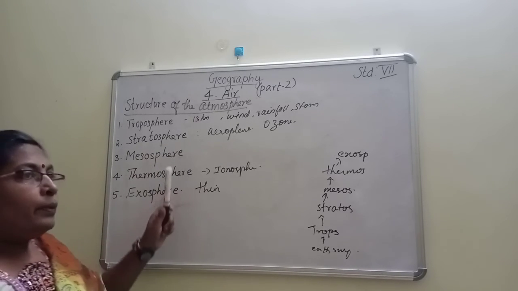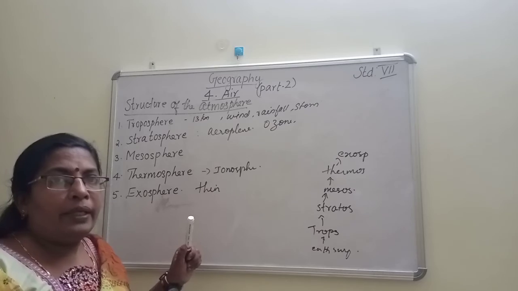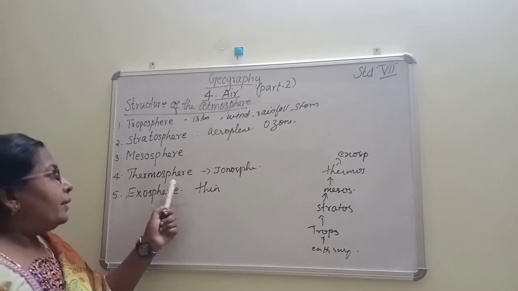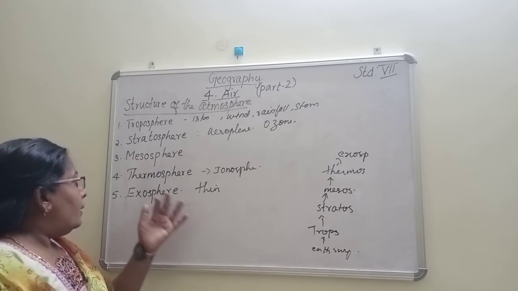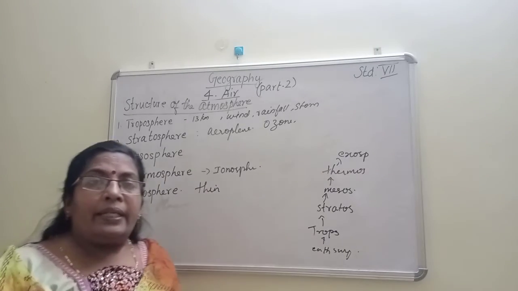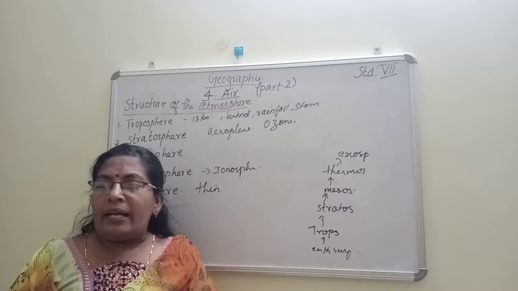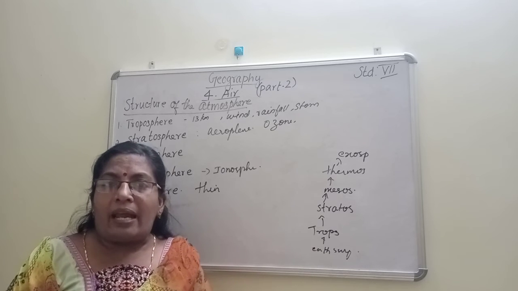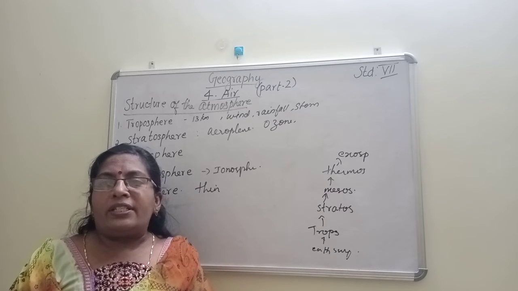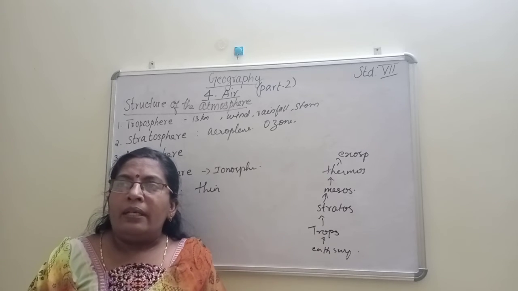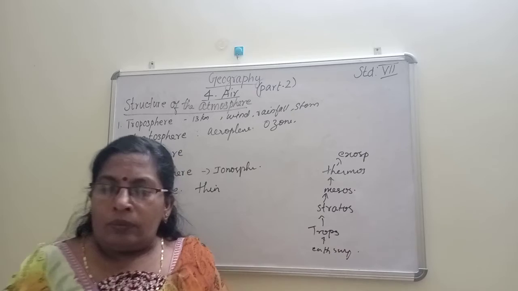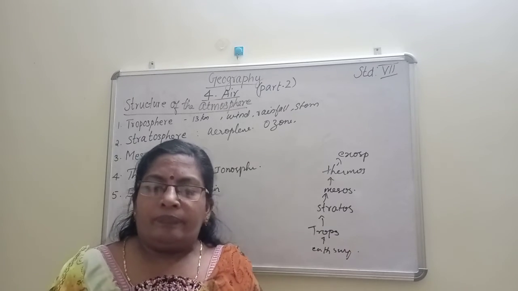In mesosphere, meteors burn and fall. Then thermosphere, radio transmission. Next, exosphere, the thin layer where light gases like helium and nitrogen are present. These are the important points.